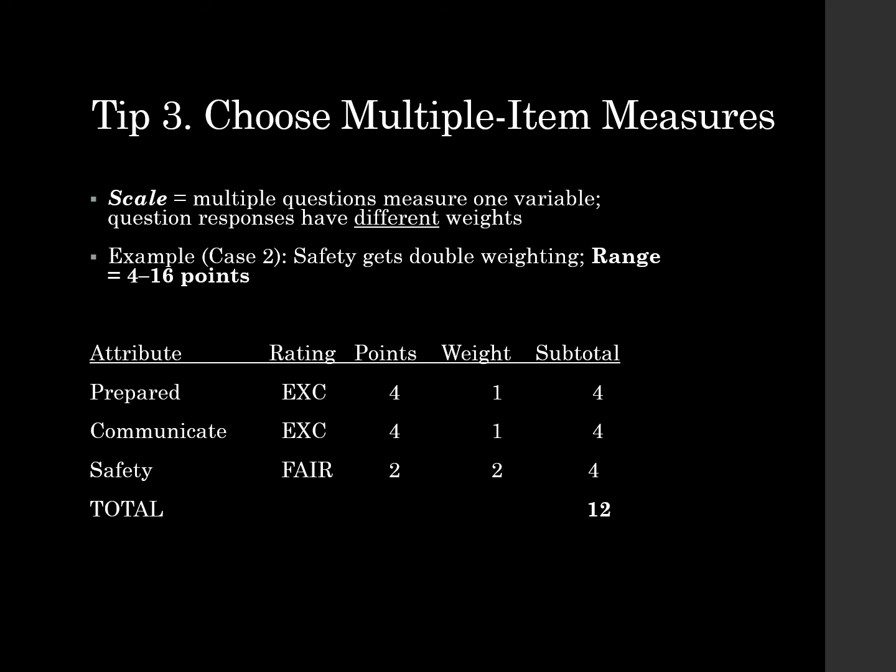So the scale is multiple questions measure one variable, and each question can have a different response and have different weights. So here, we're going to look at different weighting. So safety gets double the amount of weight here. So when we look at prepared, they scored themselves a 4. We gave it a normal weight, so our total is 4. Same goes with communications.